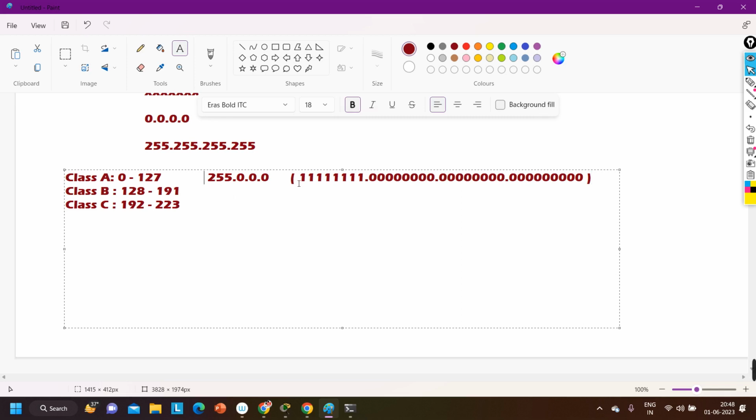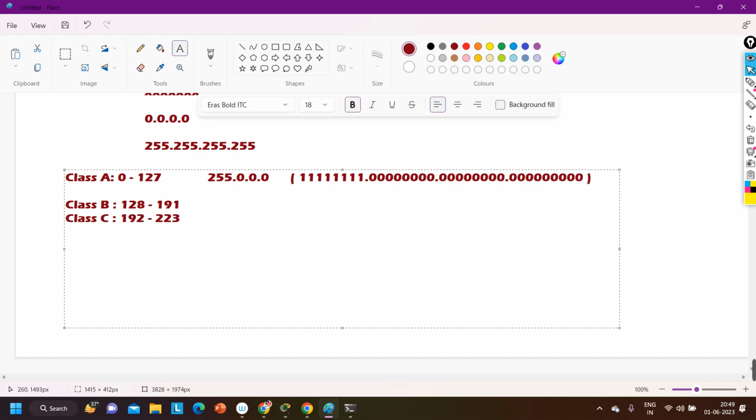So here the first 8 bits are 1, and 1 means network bits. That means for class A, how many network bits are there? 8 bits. And how many host bits? 24 bits. This is predefined for class A: whenever we use any IP address from class A, the default subnet mask will be this. There will be an 8-bit network portion and a 24-bit host portion.